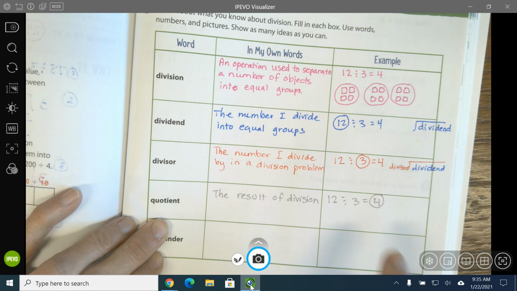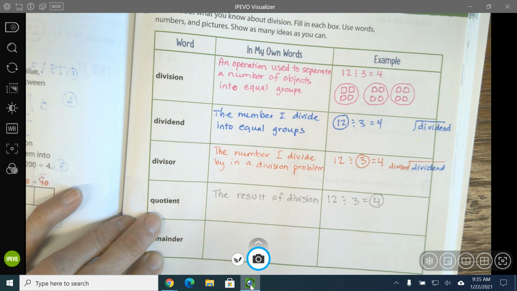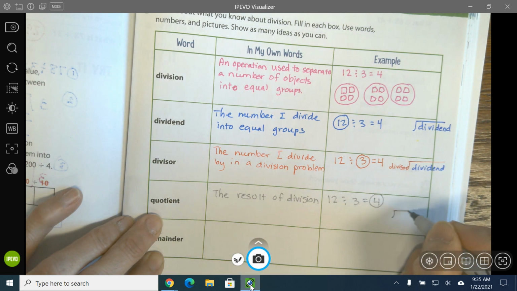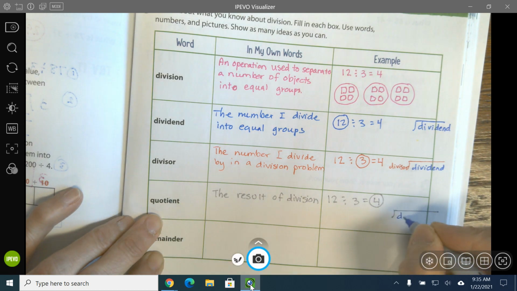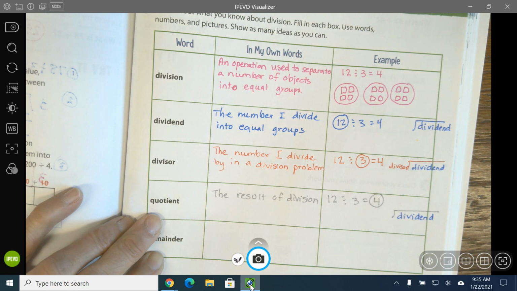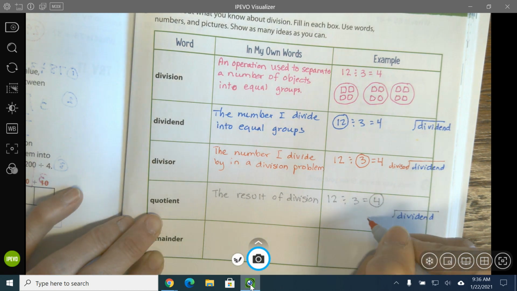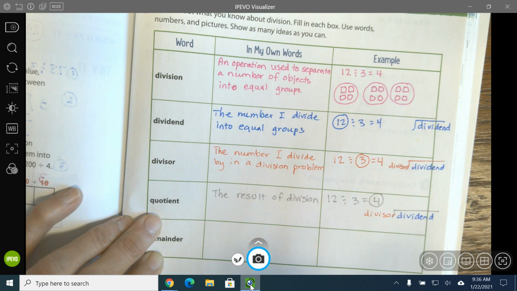Now, what I think is really important is how much money I get to have, or the queen who sits on top of a throne, okay? So you have the dividend. This is the amount of money that is in the pot. You have the people who are waiting to get their money, right?